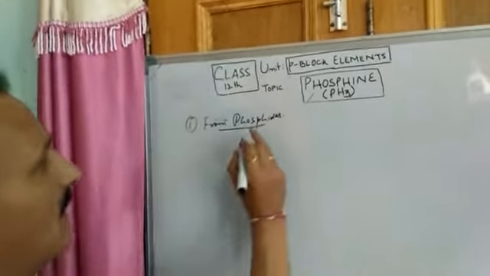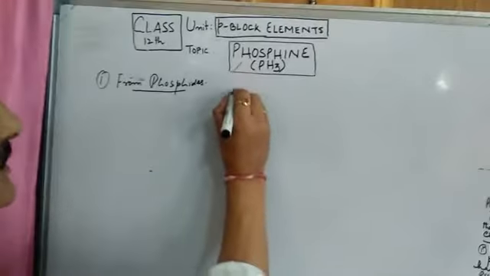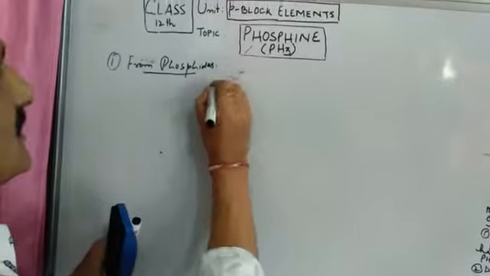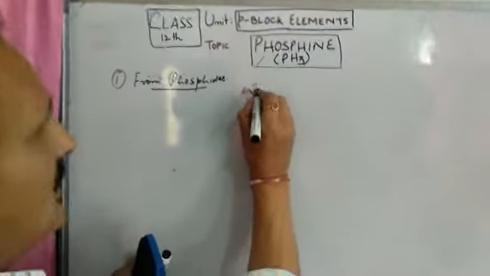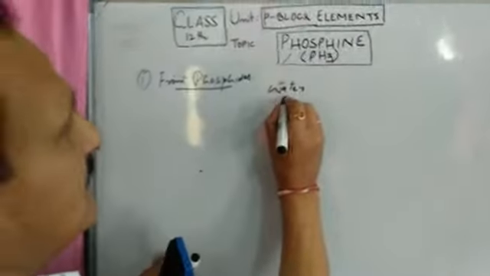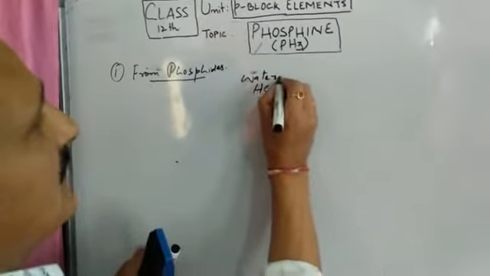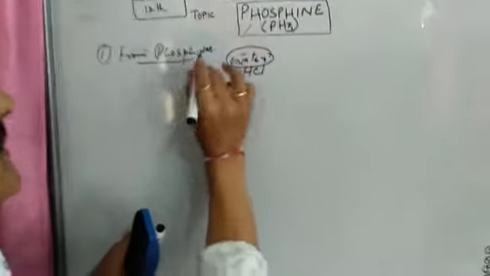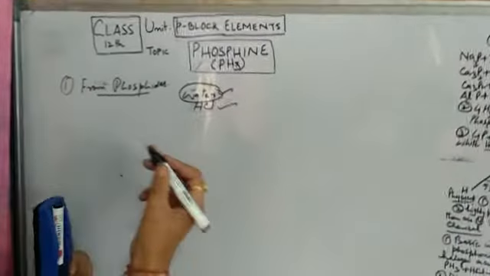When we treat these metal phosphides with water or with a mineral acid like HCl, phosphines are formed.